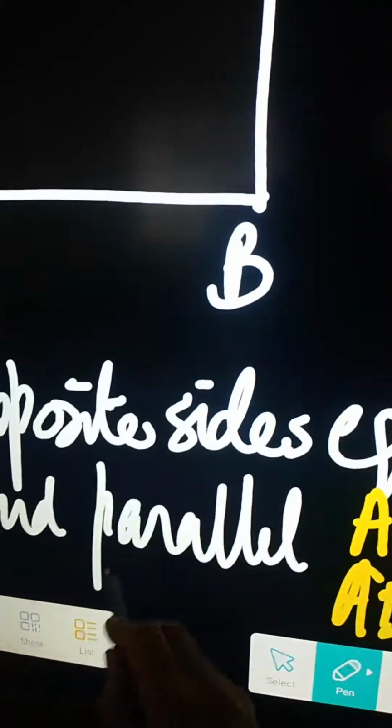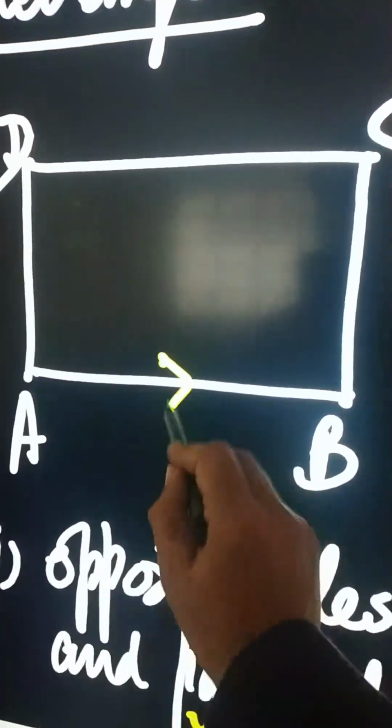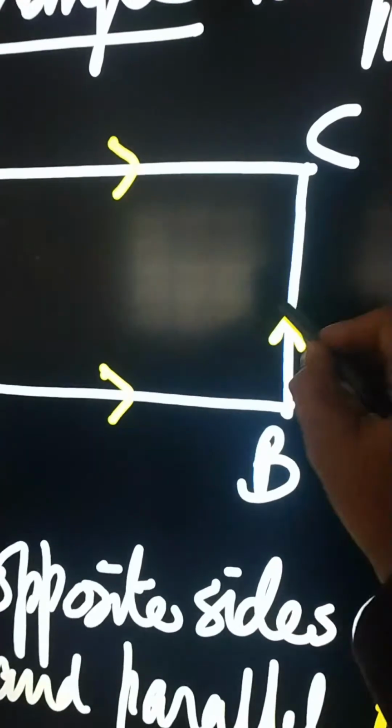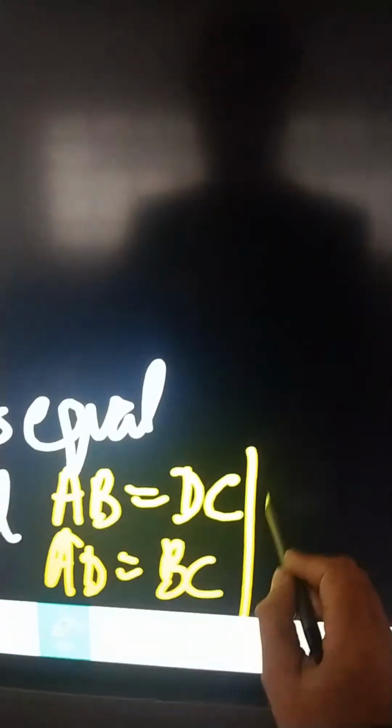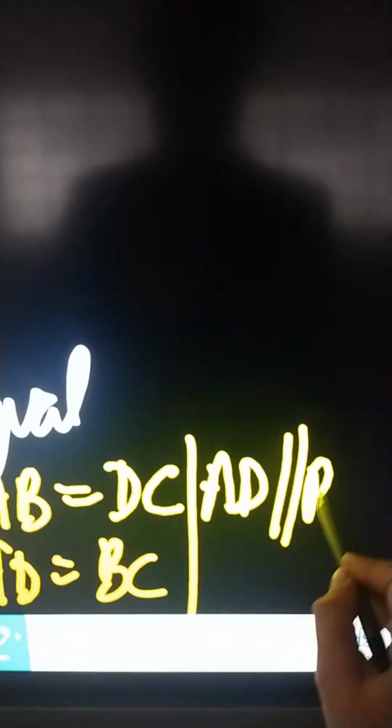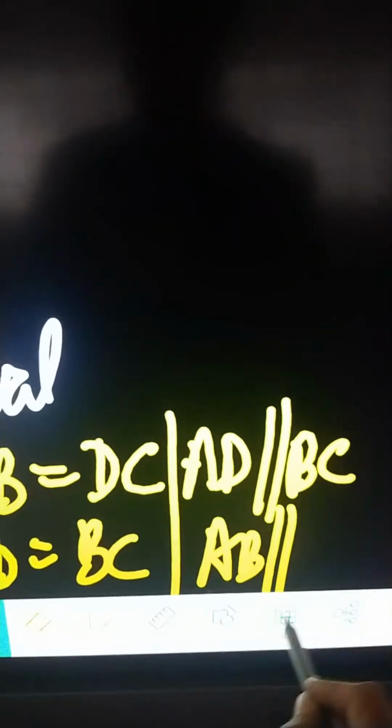Also, what is the other part? Parallel. Now who is parallel? This side is parallel to this side and this side is parallel to this side. So AD is parallel to BC and AB is parallel to CD.